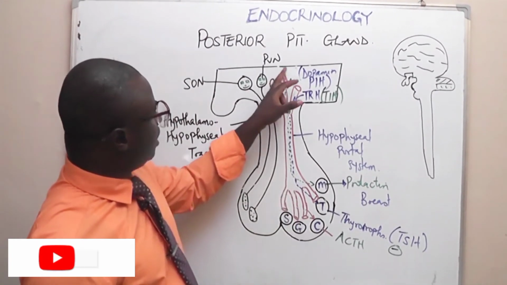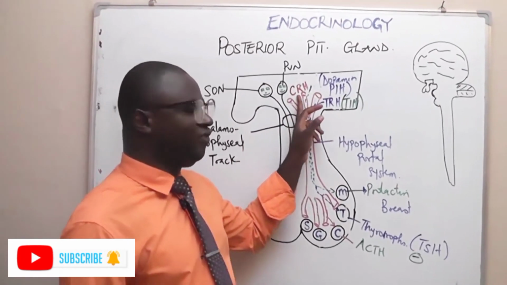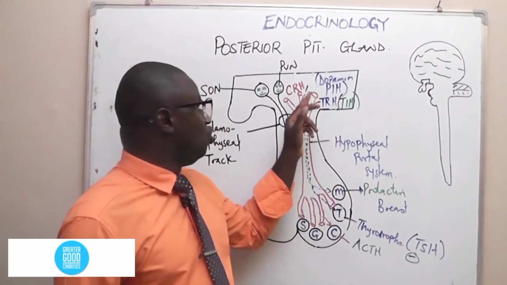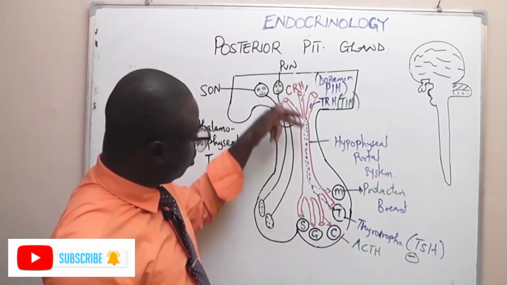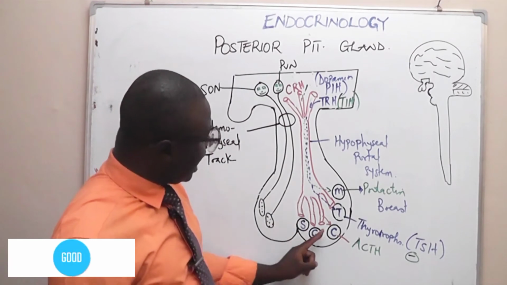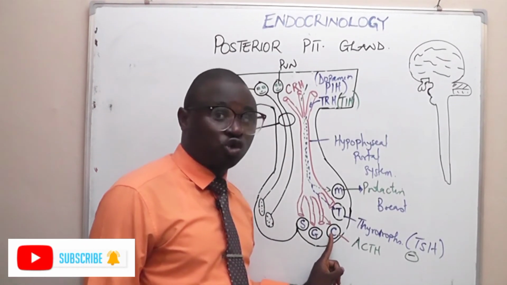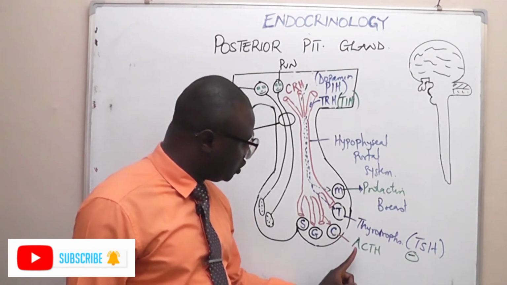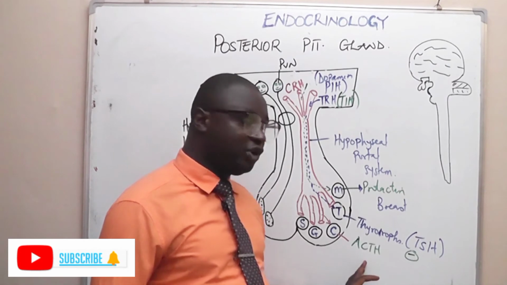That some cells in the hypothalamus produce corticotrophin releasing hormone, which passes through the hypophyseal portal system, and then acts on some cells collectively known as corticotrophs. This corticotroph produces ACTH, which is adrenocorticotrophic hormone.